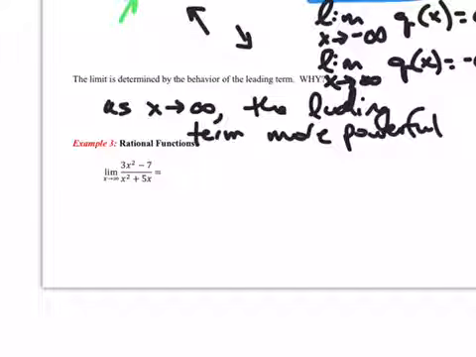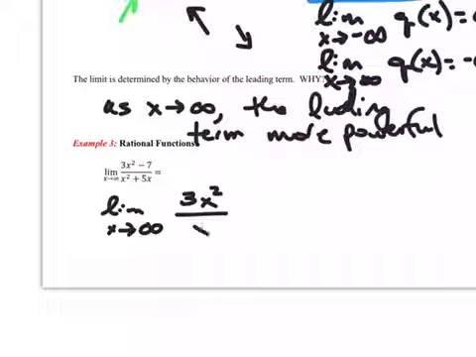So if I take x to infinity, what you could really think of this as is the limit as x approaches infinity of the highest power on the top over the highest power on the bottom. And you could then do some reducing. If you had the same power on the top and the bottom, it would reduce to the ratio of their coefficients. So as x goes to infinity, it looks like there would be a horizontal asymptote here at 3.